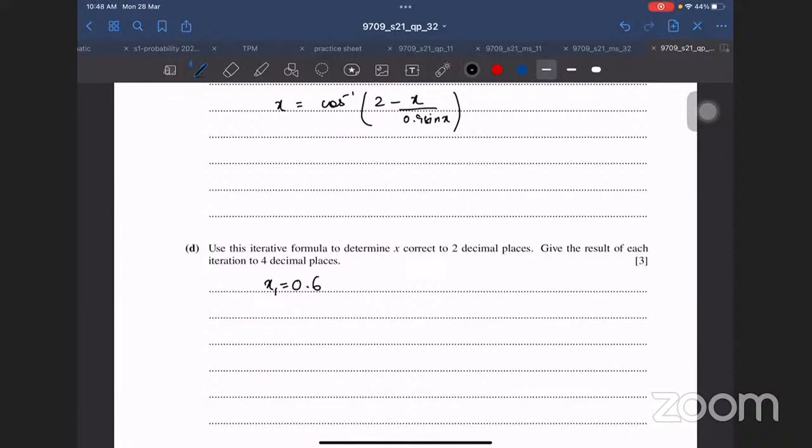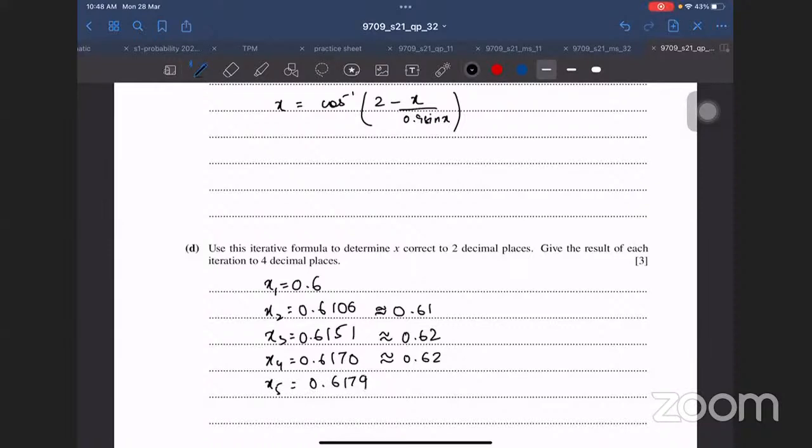Cos inverse of 2 minus answer over 0.9. Okay, so root equals 0.62.